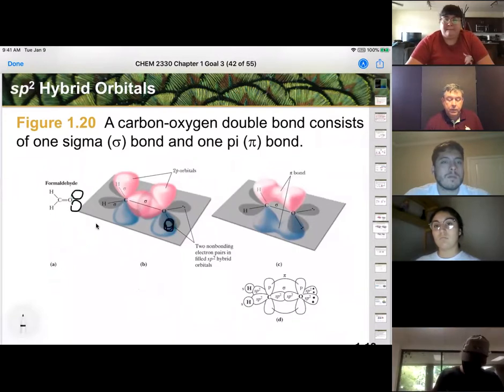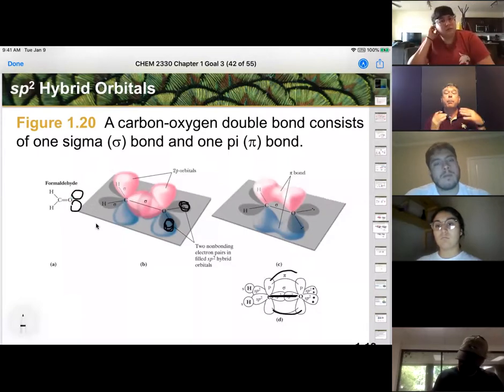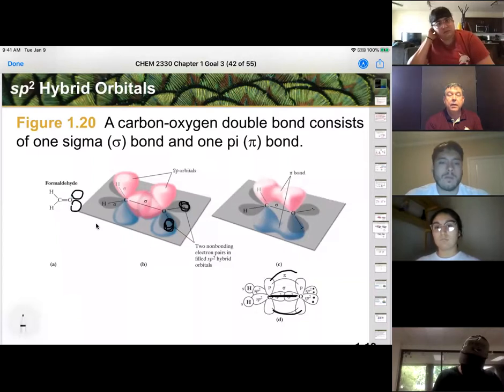So these are lone pairs in that plane, and we have that unhybridized p above and below that plane so they can overlap. The first bond is our direct sigma bond between the carbon and the oxygen, and the remaining electrons are shared above and below that plane to give us our pi bond. That shows us that not only is the carbon sp2 hybridized, but the oxygen is sp2 hybridized as well.